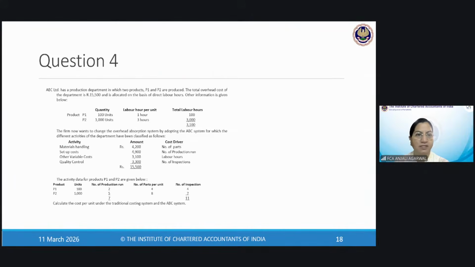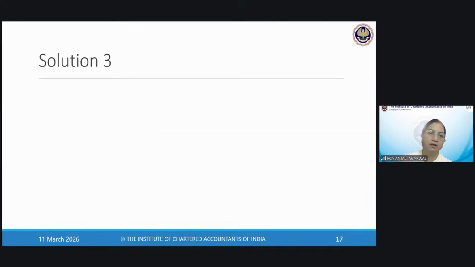All right. Next, let's talk about the second concept here, which is ABC costing. ABC costing is a very simple concept, which is more scientific and more logical as compared to the traditional method which we have learned in the previous hour.